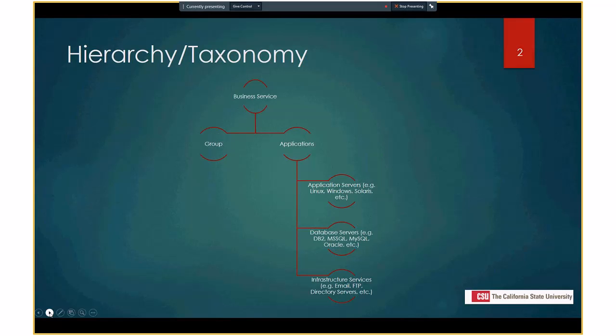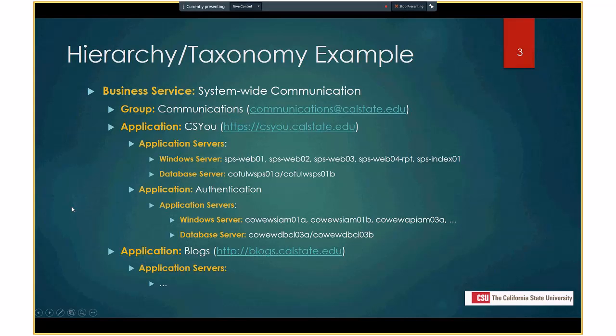An example that I put in here is our system-wide communication as a business service. The main group that we have is communications. They're the owners of the business service. An application that supports system-wide communication would be CSU, calstate.edu.